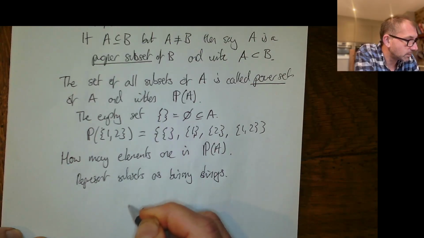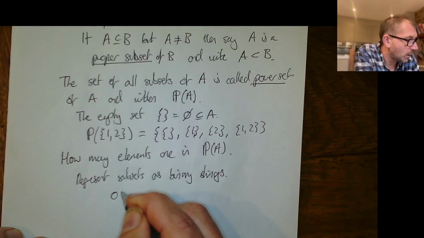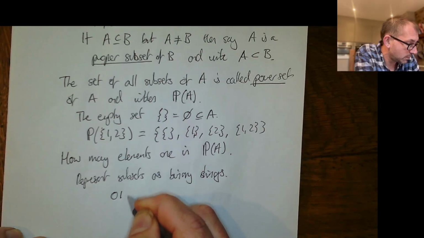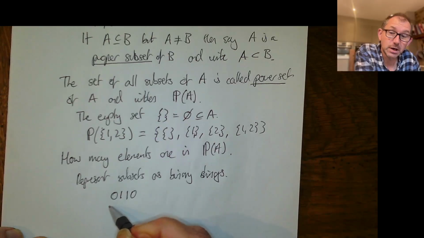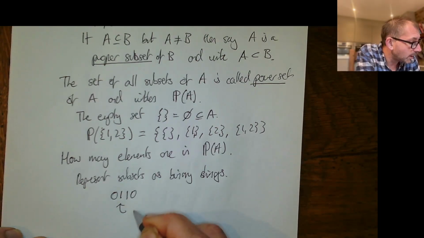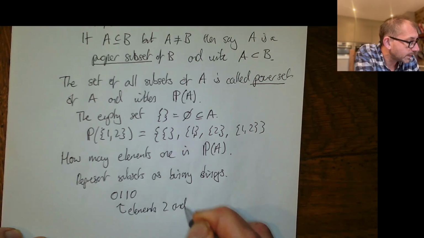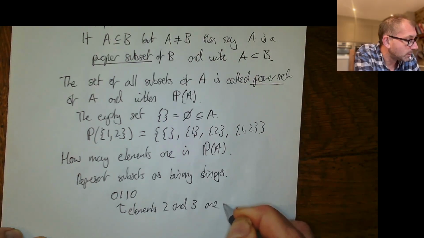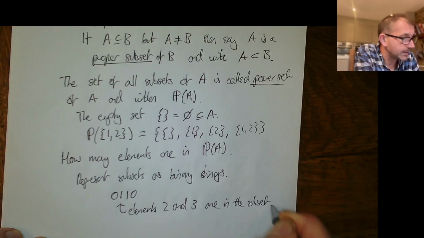So I'll just give you an example. If I have 0, 1, 1, 0 for a set of size 4, this is going to mean elements 2 and 3 are in the subset and the other ones are not.